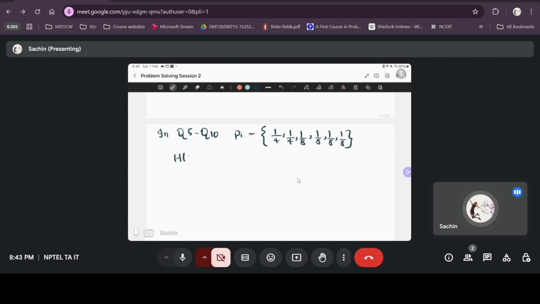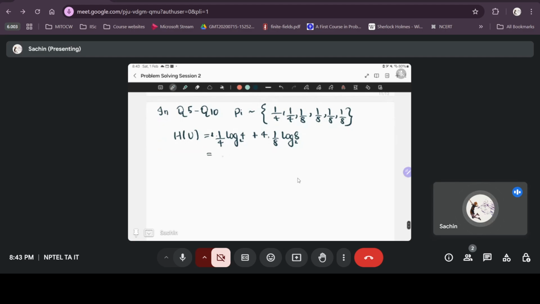So the entropy H(U) was 1 over 4 log 4 twice and 4 times 1 over 8 log 8. Take it in bits. This is half times 2 plus half times 3, which is 2.5 bits.